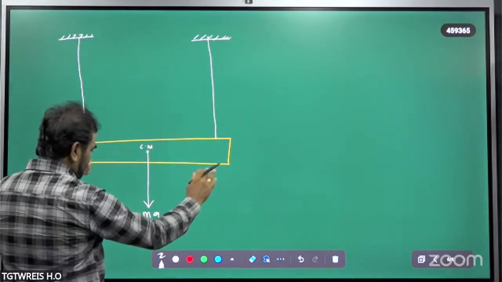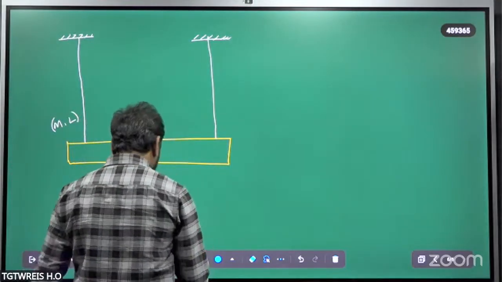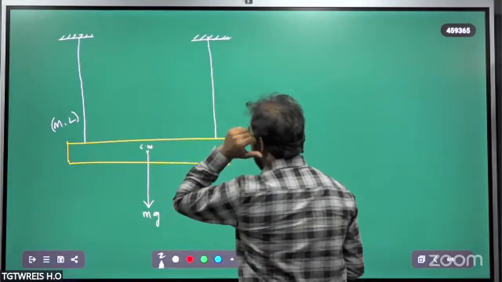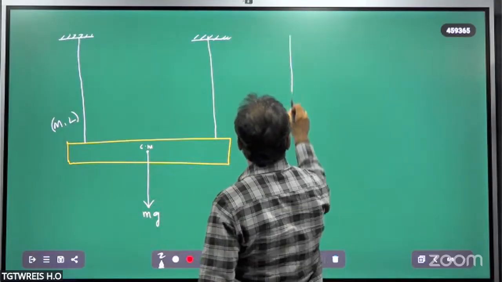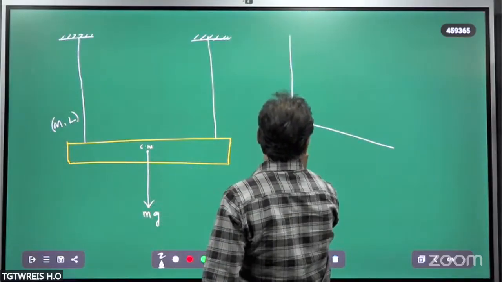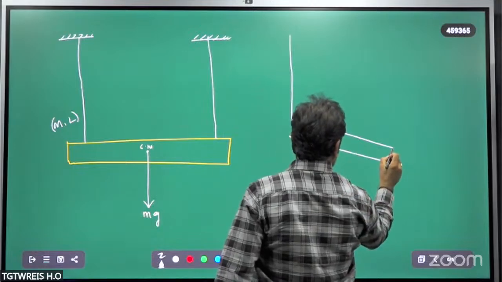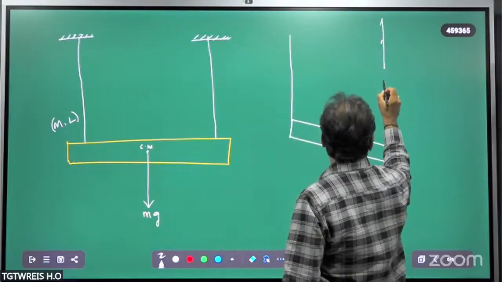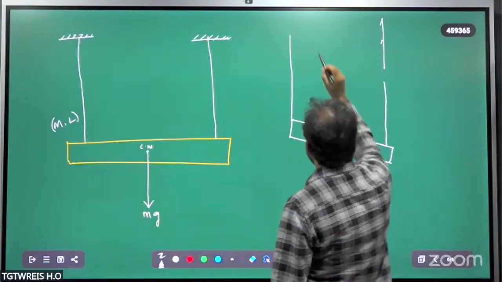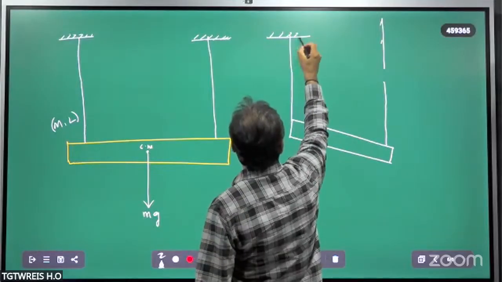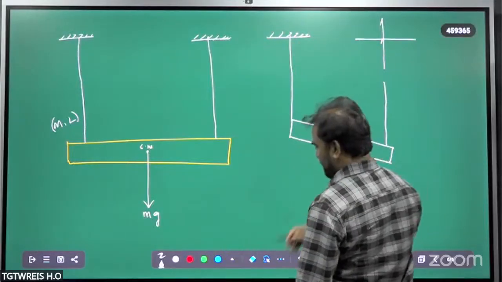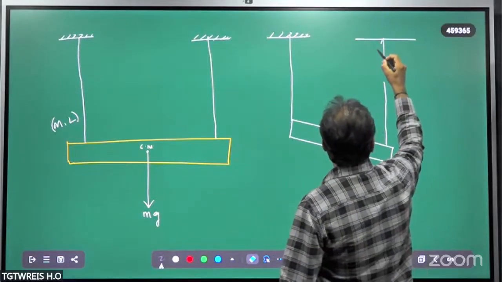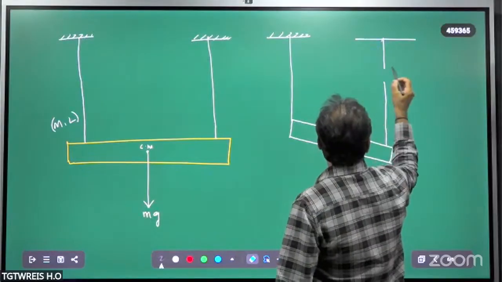You see, I'm showing here. When one of the strings of the rod is cut off, the rod is rotated like this. Okay, is it clear?